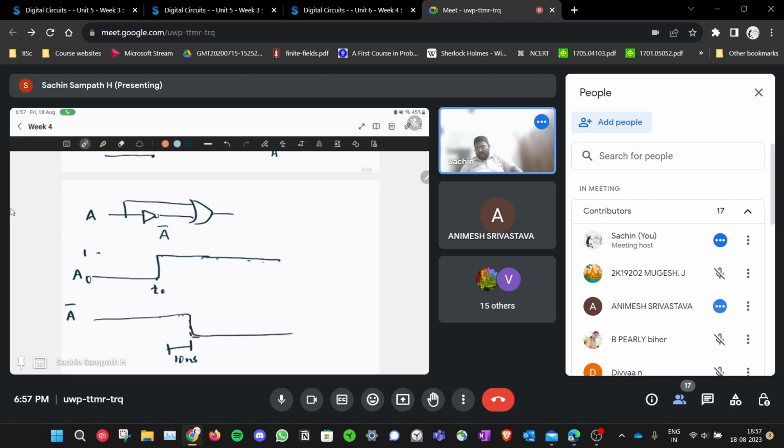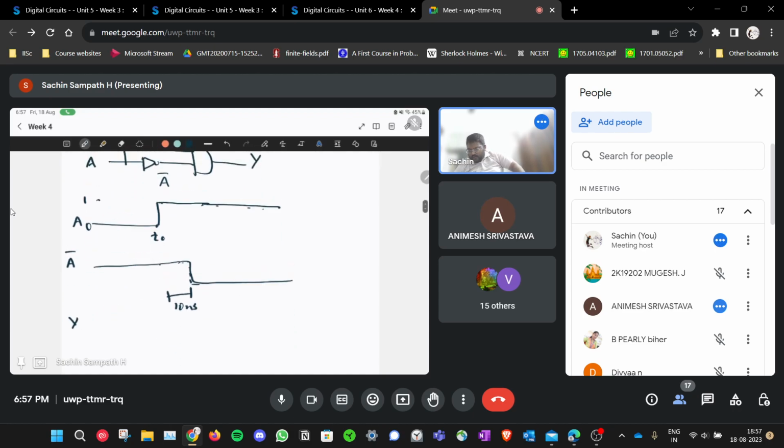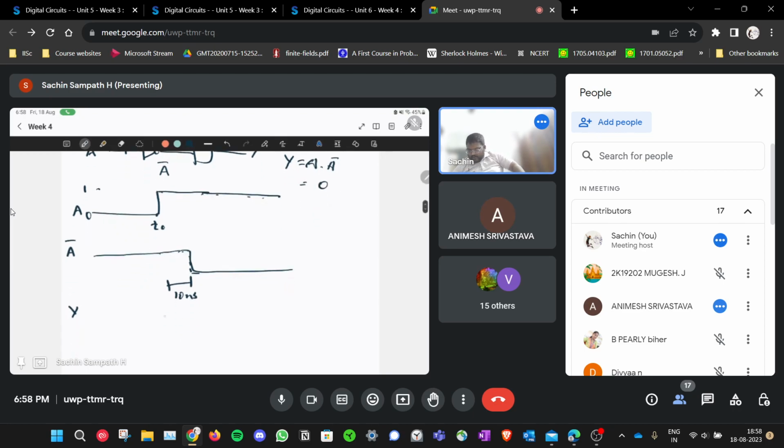Okay. And let's say this was an AND gate. This is your output. What will be the output? You are doing y is equal to A A bar, right? It should always be 0. So initially, up to time t0, A bar is 1, A is 0, so you will get 0.